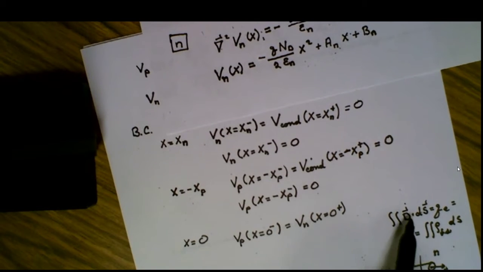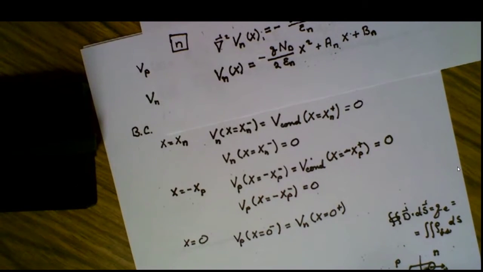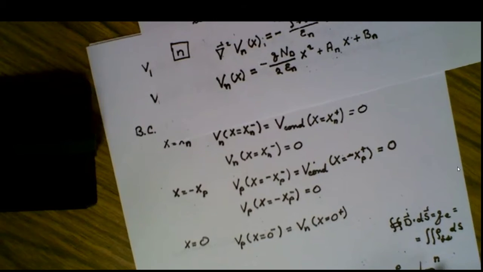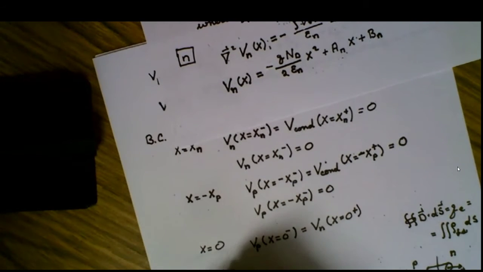Therefore, looking at Gauss's law, this is a closed surface. Realizing that we are going to lose the cylindrical side of our surface in the limit, we see that the electric flux density in the N region points in the same direction as ds sub n, and therefore its dot product is going to be positive. So we're going to write down this condition in terms of D. So this will be D sub n.